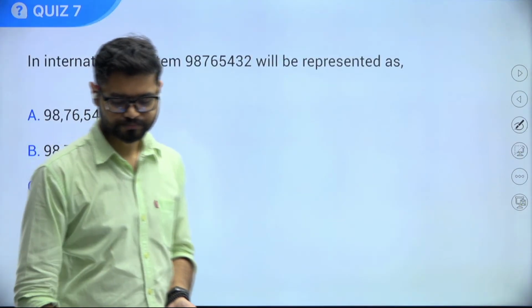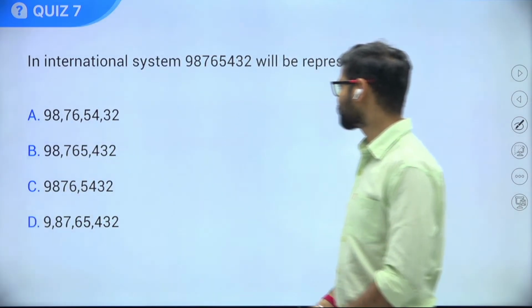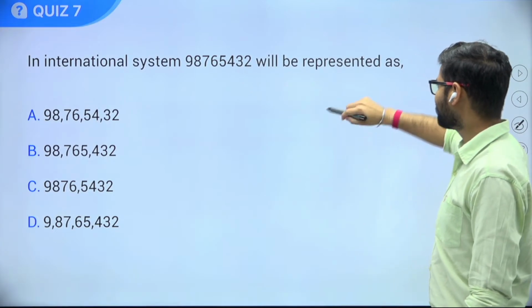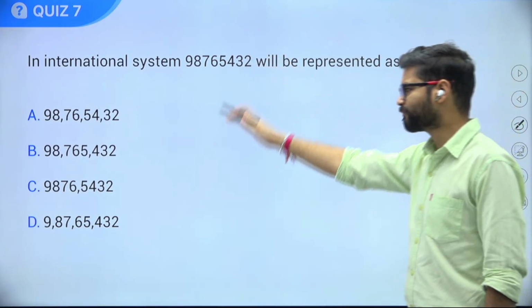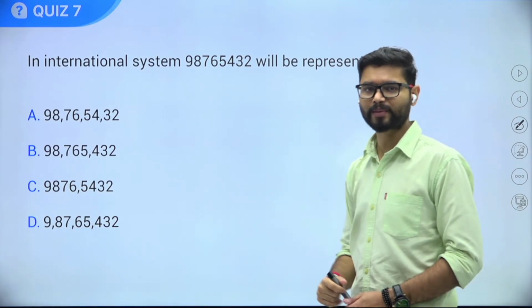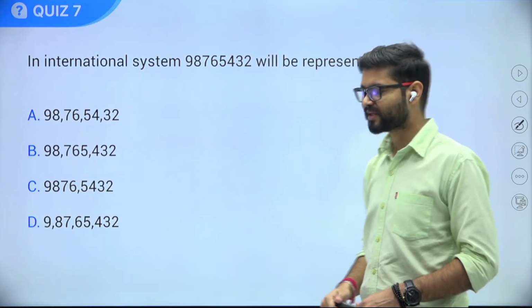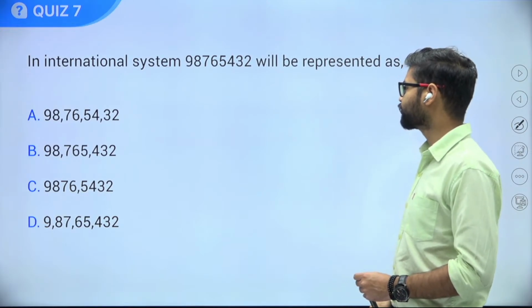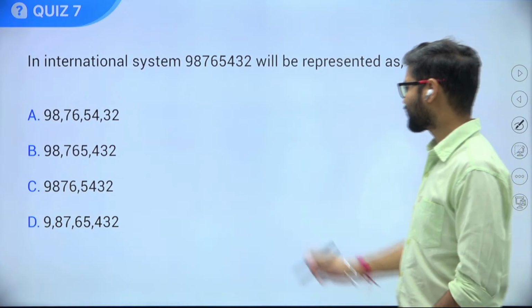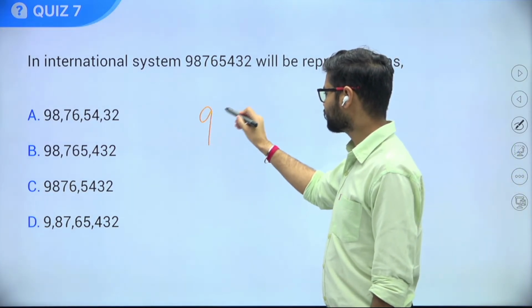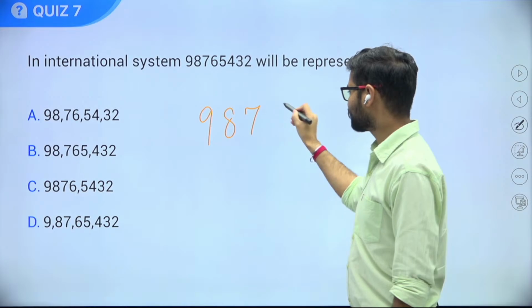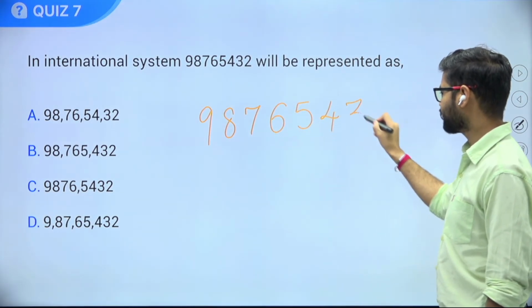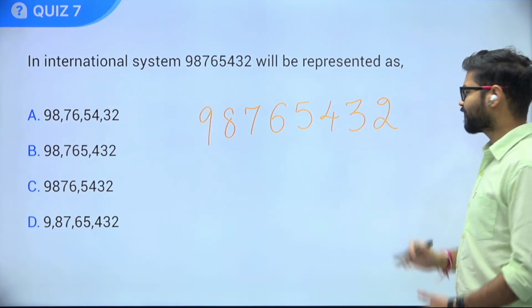Let's have some quizzes now. In the international system, the number 98765432 will be represented as, now you simply have to place the commas here properly. 9 8 7 6 5 4 3 2, how can we represent that?